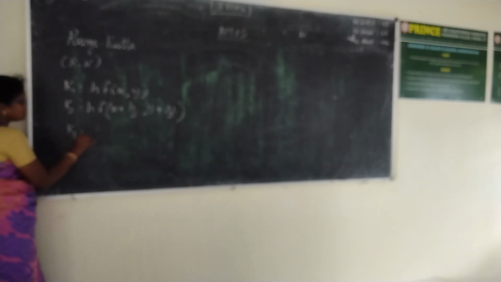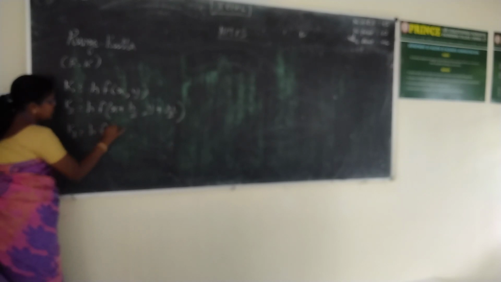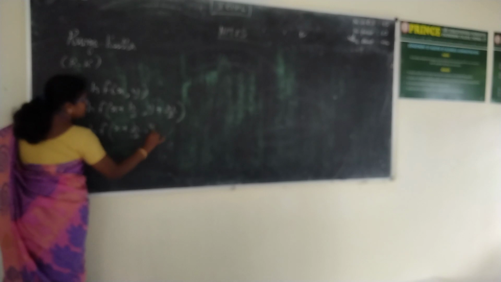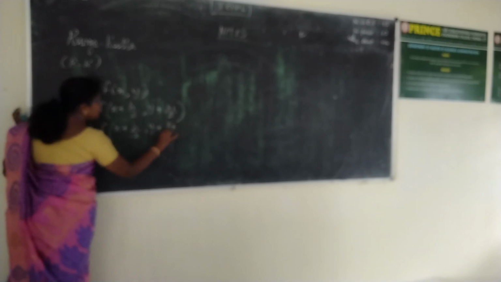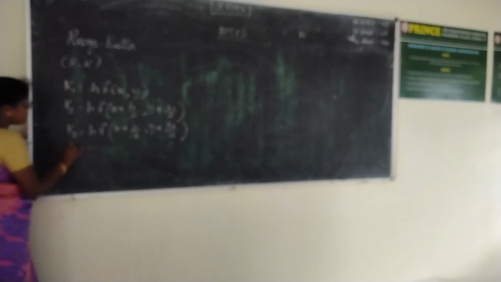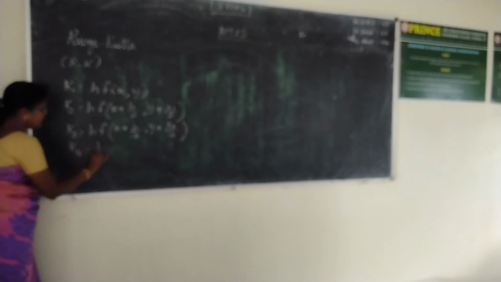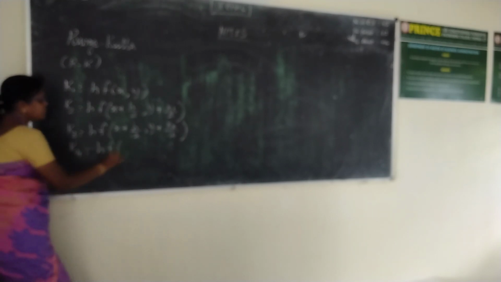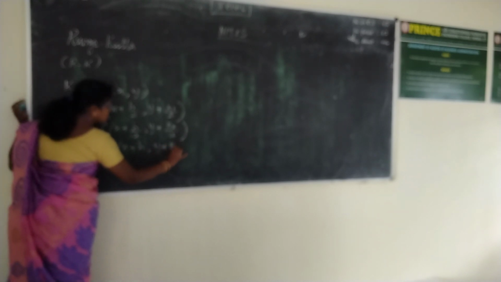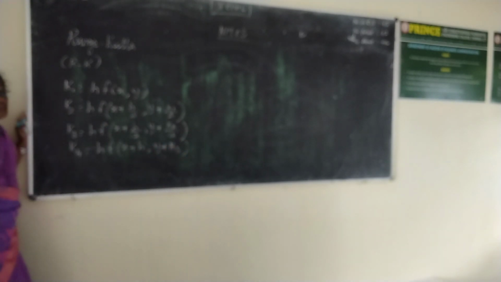K3 is equal to h into f of x plus h by 2 comma y plus k2 by 2. Then k4 is equal to h into f of x plus h comma y plus k3.